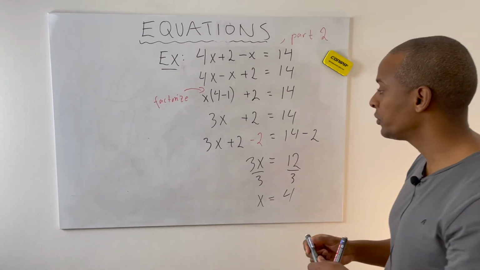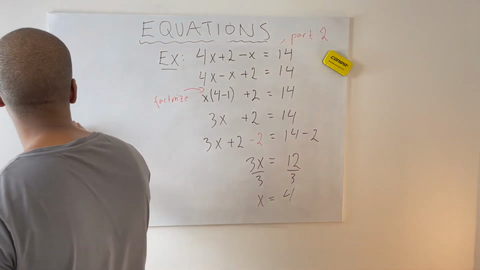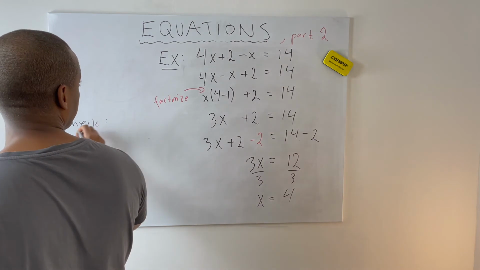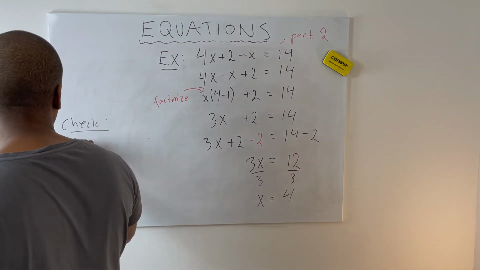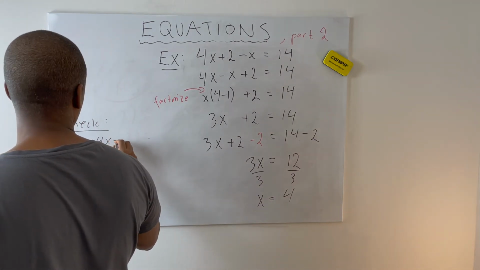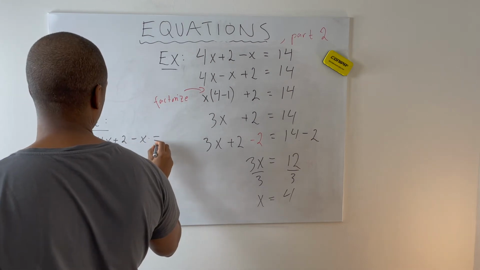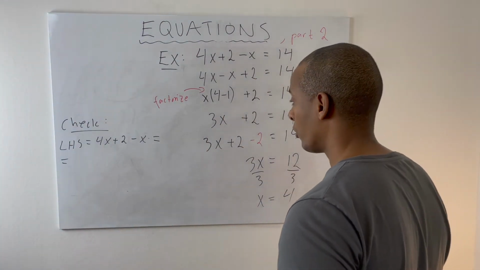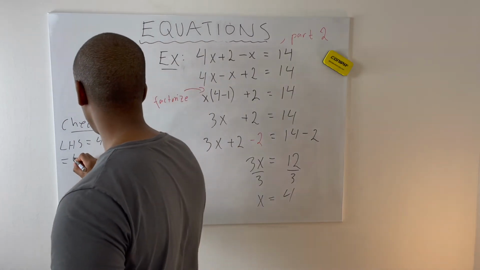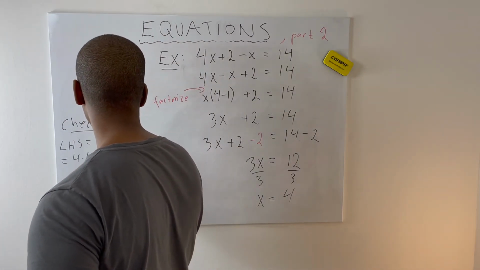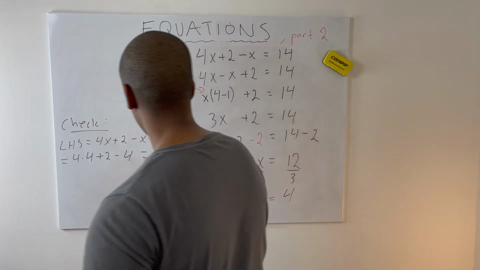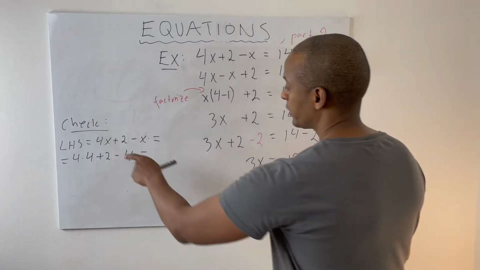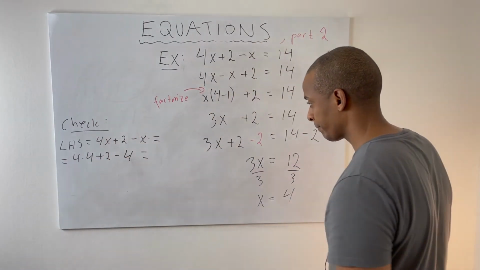Let's check our solution. We always check. Let's check. The left-hand side was 4x plus 2 minus x. Right? Now we say x is equal to 4. So we have 4 times 4 plus 2 minus 4. Right? Instead of x, we write 4.